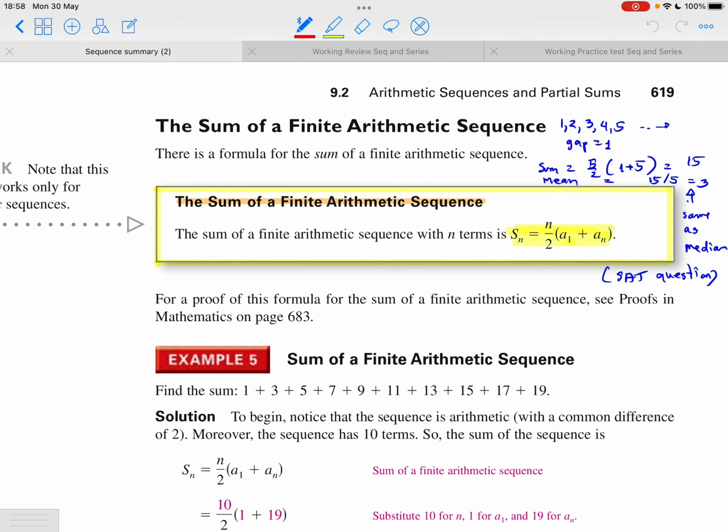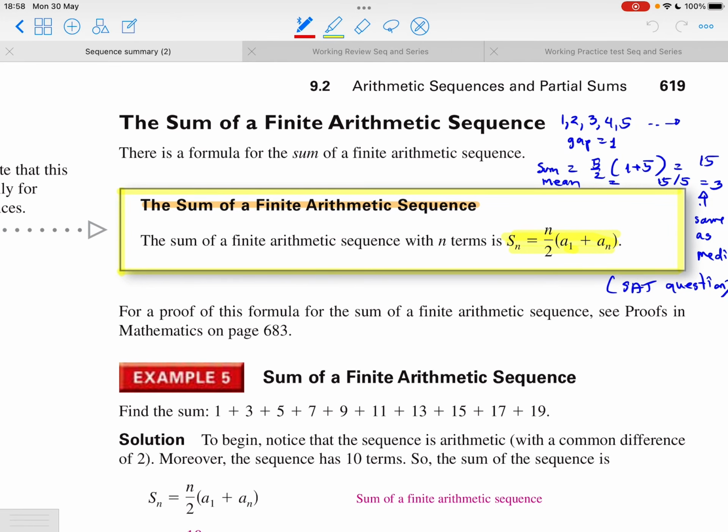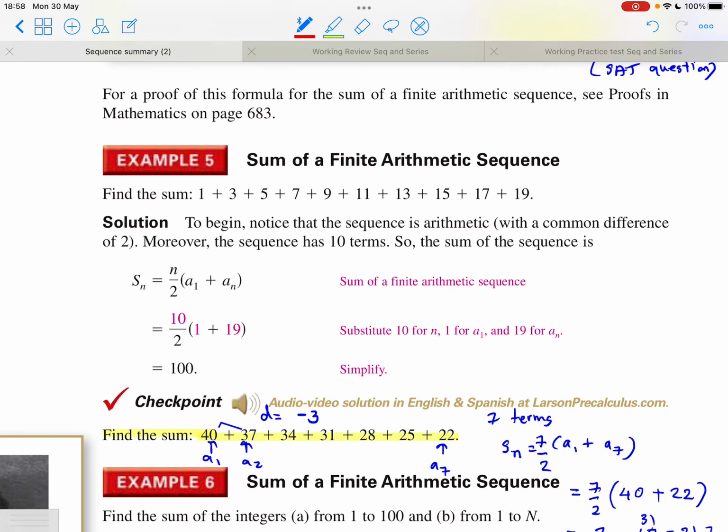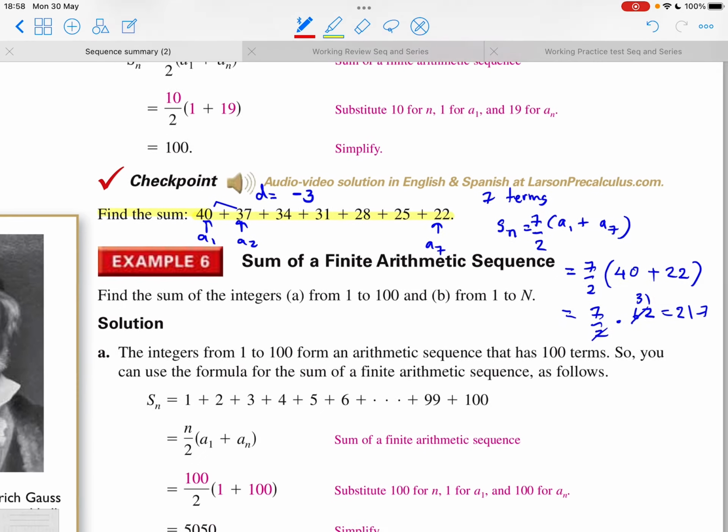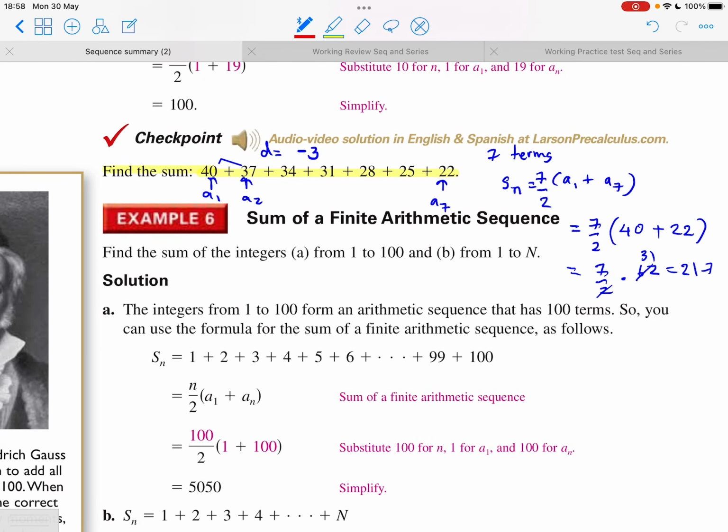Now, the sum of a finite arithmetic sequence, S_n, is given by n over 2 times (a1 plus a_n). So you can just look at the formula and use the formula. Example: find the sum of 40 plus 37 and so on.